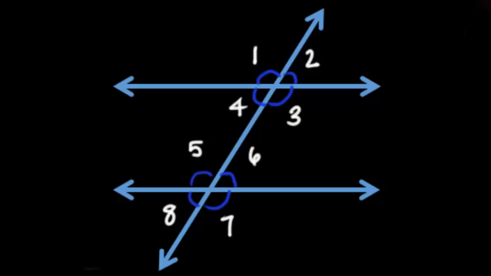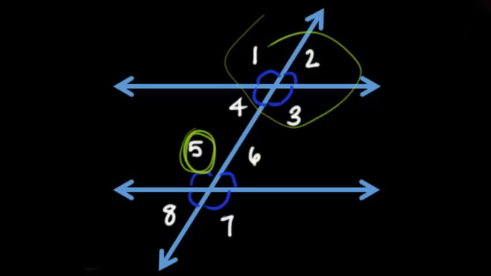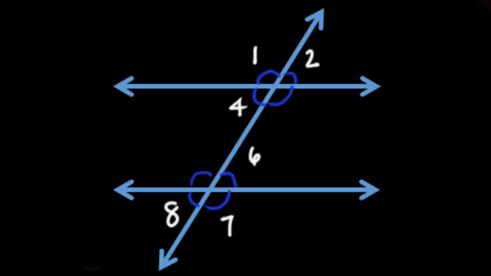As you can see, the usefulness of this theorem is that I can instantly know what the measure of some angle is in a completely different portion of our diagram without having to do any extra complicated steps. So let's do a quick practice problem.